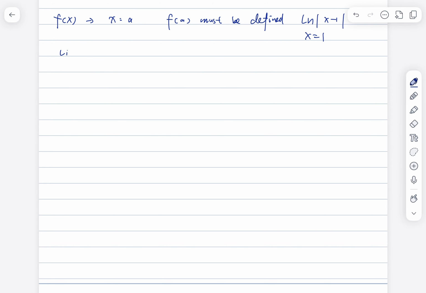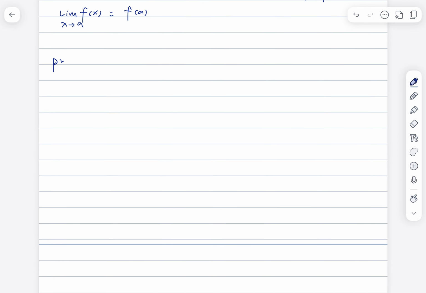A very classic problem will ask you to prove that f is continuous at a if and only if the limit as h approaches 0 of f(a plus h) is equal to f(a).